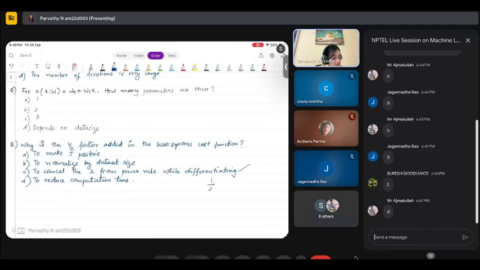So the mean square error is 1 by 2 times the sum over n of yi minus y hat, the whole square. When you differentiate this, there will be a 2 times y minus y hat coming, and to cancel this 2, they have added the 2.